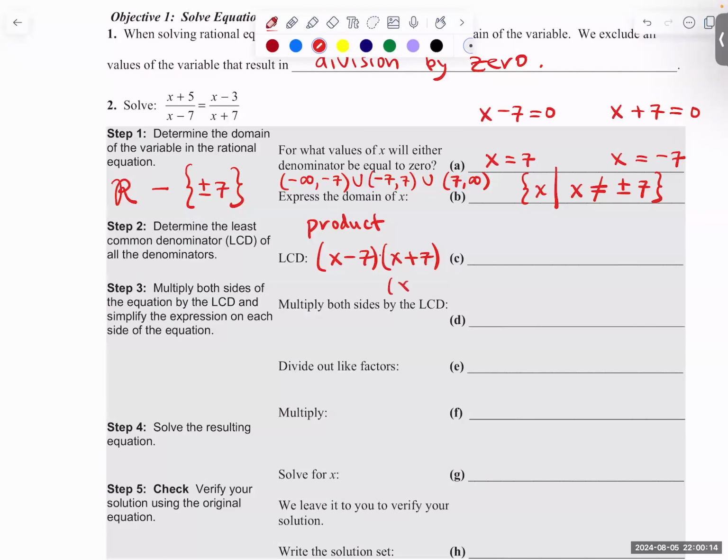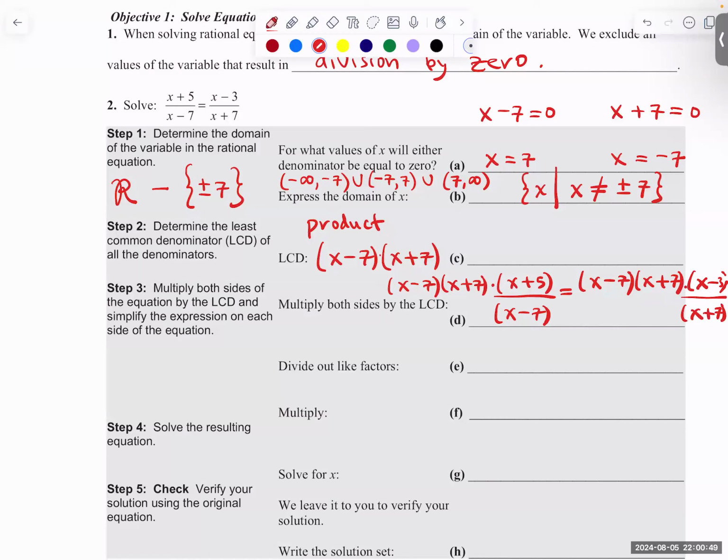So we're going to go x minus 7 times x plus 7 multiplies the left-hand side, which is x plus 5, divided by x minus 7, equals right-hand side, x minus 7 times x plus 7 times x minus 3 in parentheses, divided by x plus 7.